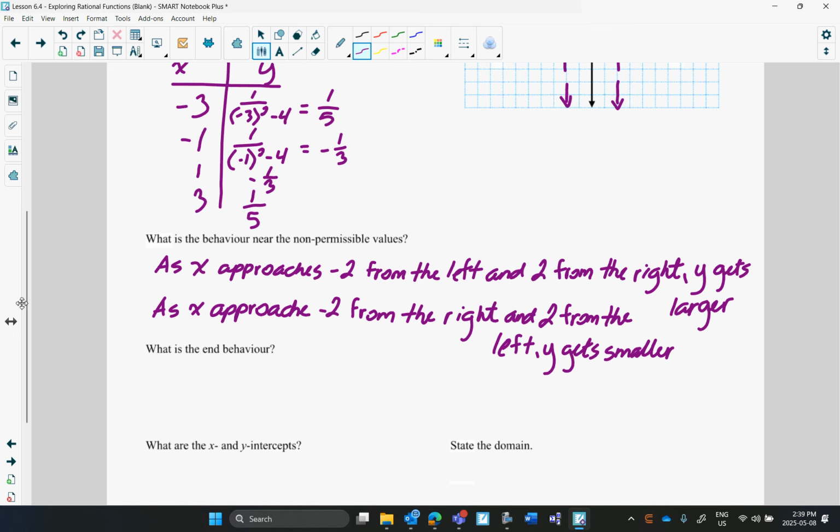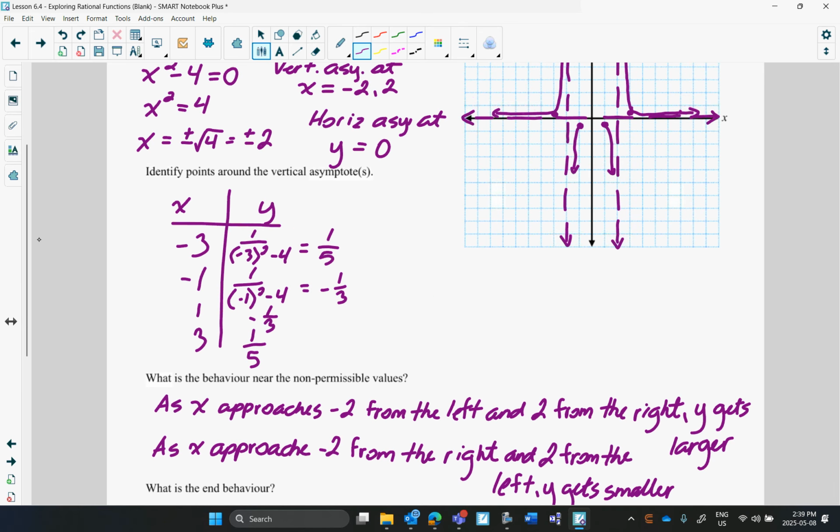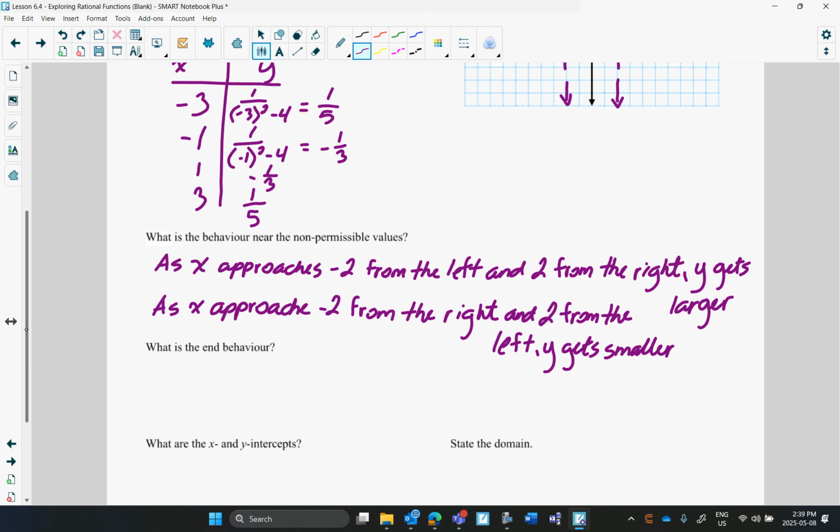That's what it means by the behavior around the non-permissible values of the asymptotes. So what's happening to the graph around those two? End behavior, I talked about before this. What's happening at the ends? Well, we said as x gets bigger, y approaches 0, right? As x gets really small, y approaches 0. So that's the end behavior.